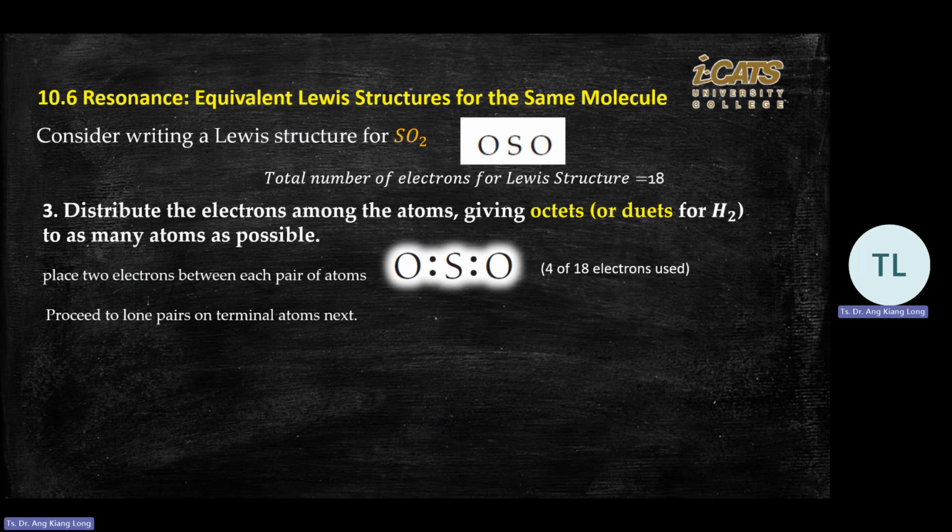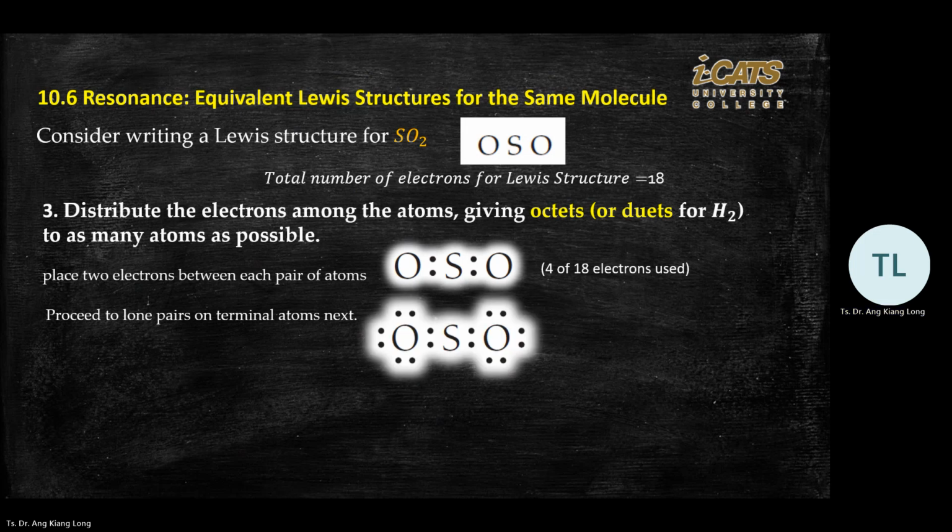So you need to build the structures. Is it correct? But you have 18, right? You build the lone pair for the oxygen.